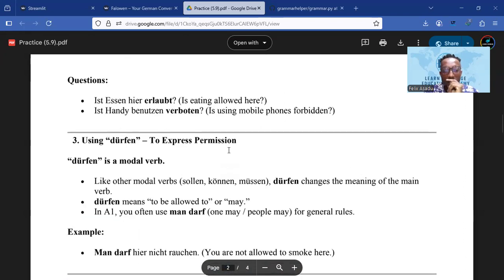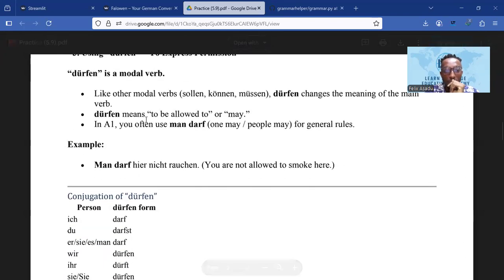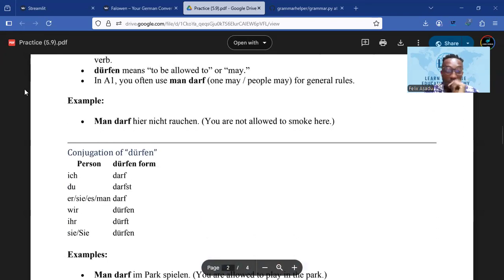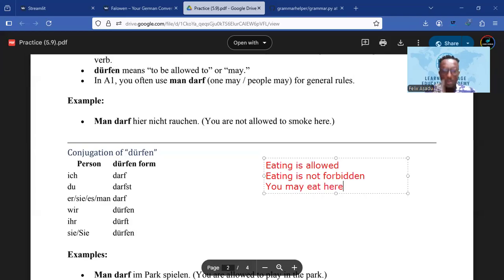But let's check this modal verb dürfen. Let's check these three phrases. Eating is allowed. Eating is not forbidden. You may eat here.